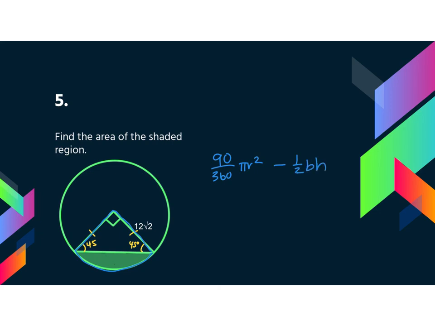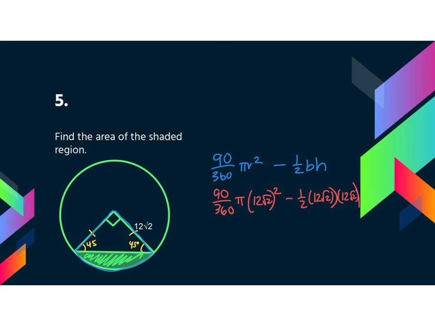And that'll leave us then with our green shaded section at the bottom. 90 over 360 pi, my radius is 12 squared, minus 1/2. The base is 12 square root of 2. The height is 12 square roots of 2.